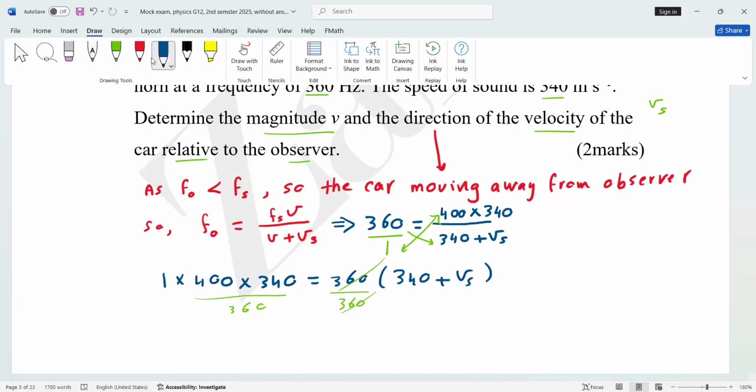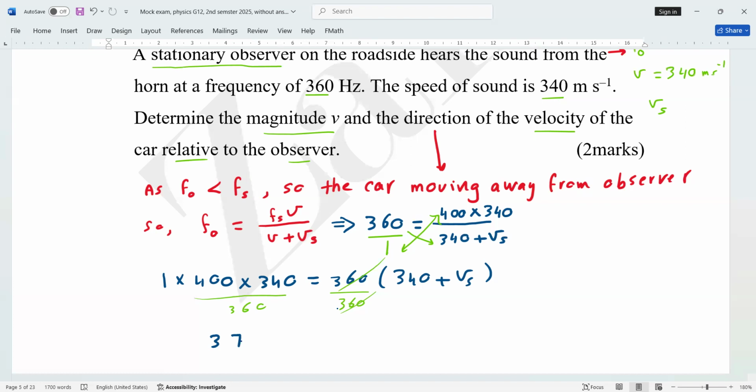Then the answer is, solve with me, please, to not lose the time. 400 multiplied by 340 divided by 360. So the answer is 377.78 equals 340 plus Vs. 340 goes to the other side, then we can get Vs, minus 340.